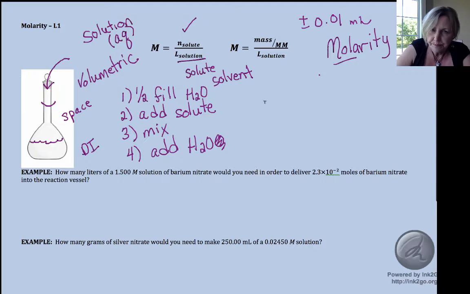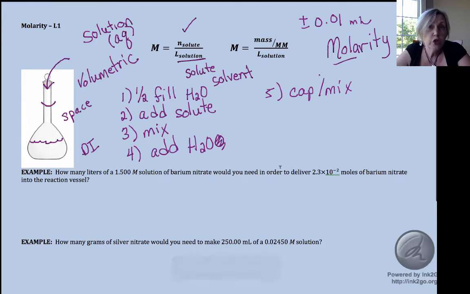Finally, after you add water, you want to cap it off and mix it again. Now, there are times that a mixture could be endothermic, meaning it got colder because it sucked in heat from the environment, or exothermic, which means it released heat into the environment and got hotter.